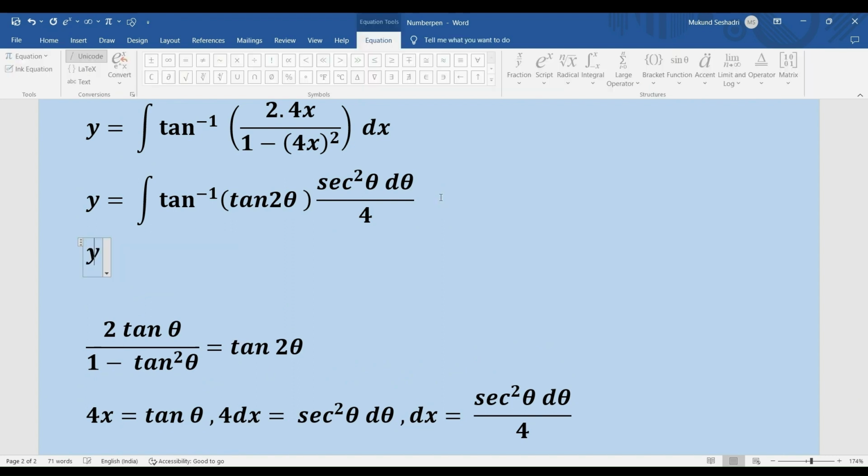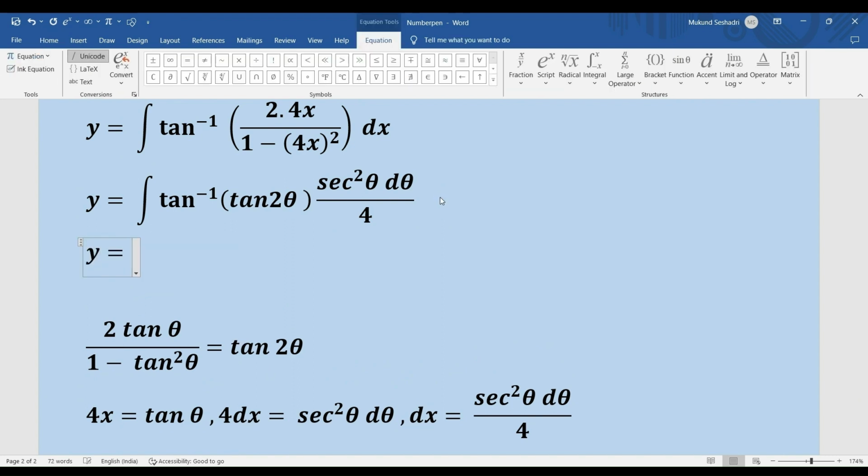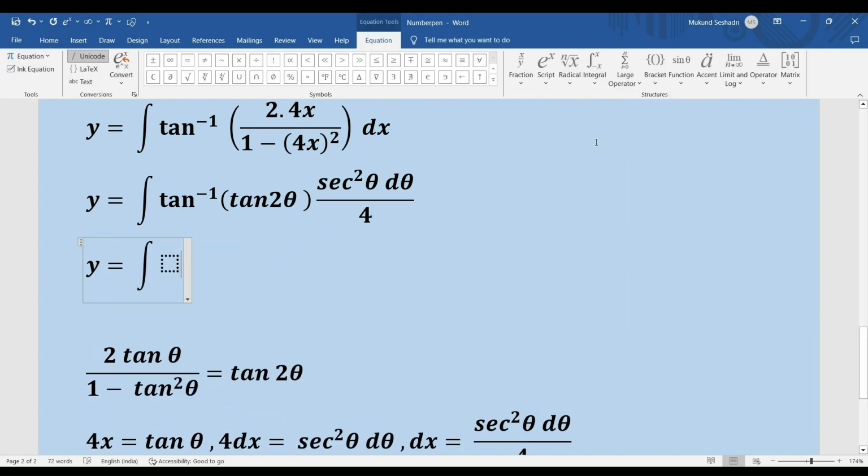Okay, so let's write down our new expression in terms of theta. I have 2 theta because I have a tan inverse of tan 2 theta, and then I have secant square theta d theta by 4.